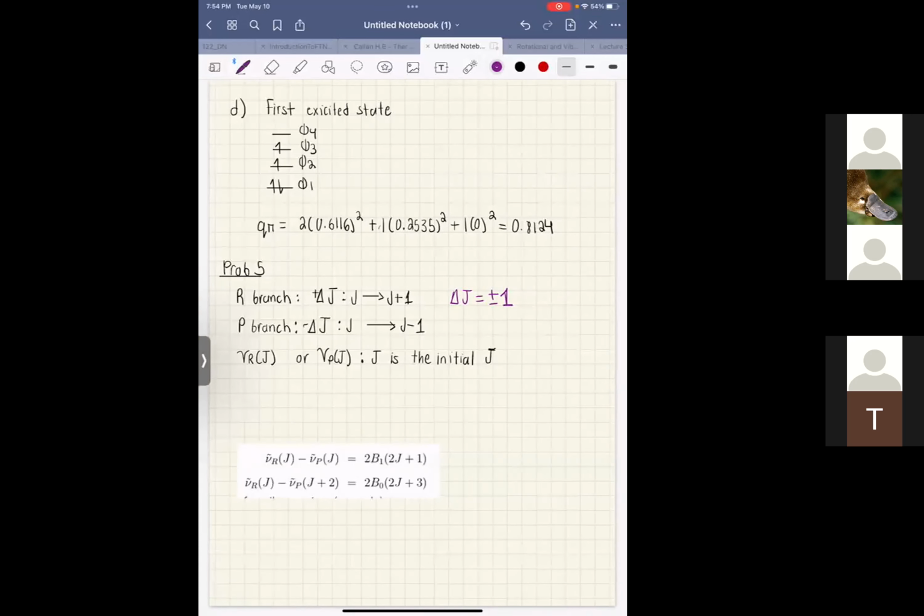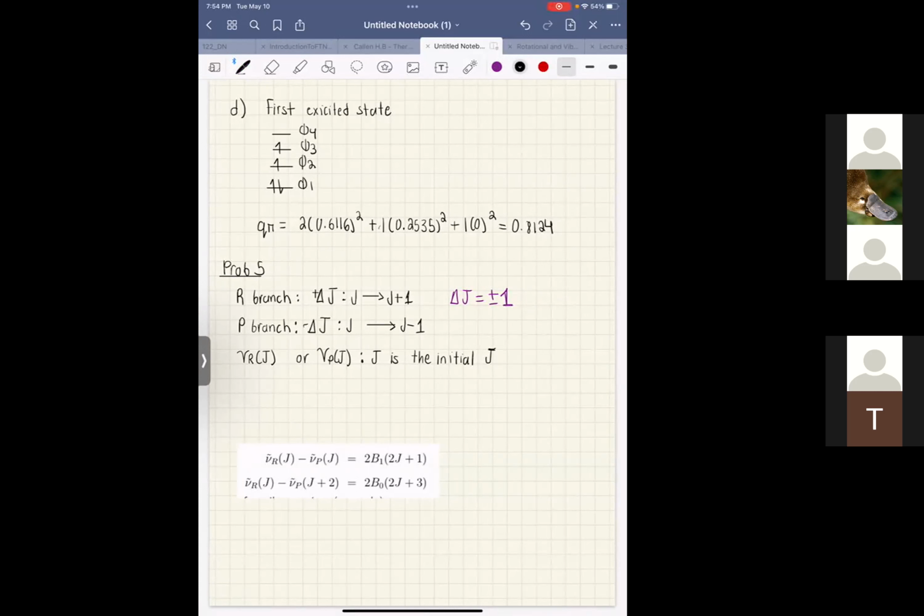So these spectral lines relate to the energy of the transition, I mean the energy between the 2 transitions. Basically it's the difference between the rovibrational transitions.